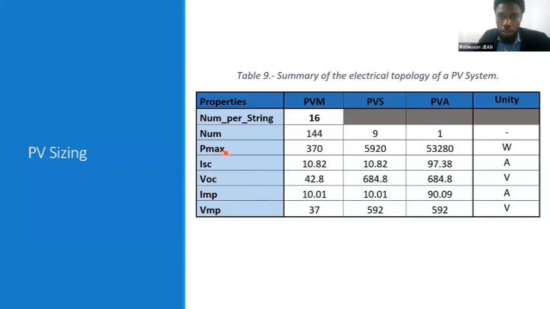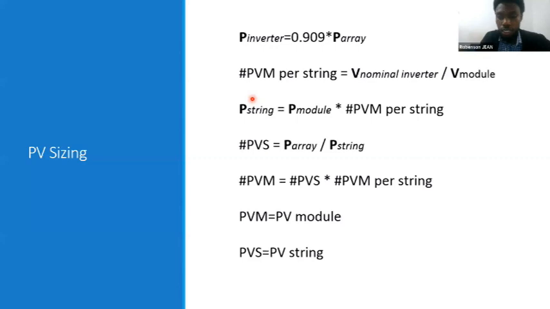So the maximum power, the current, the voltage, the operational current, the operational voltage. So we have to determine them for each part. So the summary is based on this calculus.